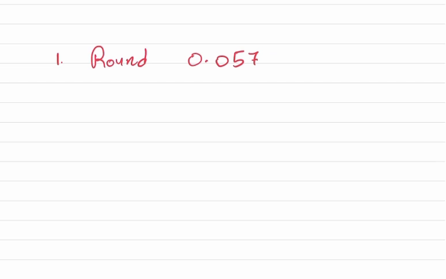The question wants us to round this number to 1 decimal place and to 1 significant figure. So for 1 decimal place, I have to count from the decimal point. So 1 decimal place means the first digit after the decimal point, which is 0 in this case.